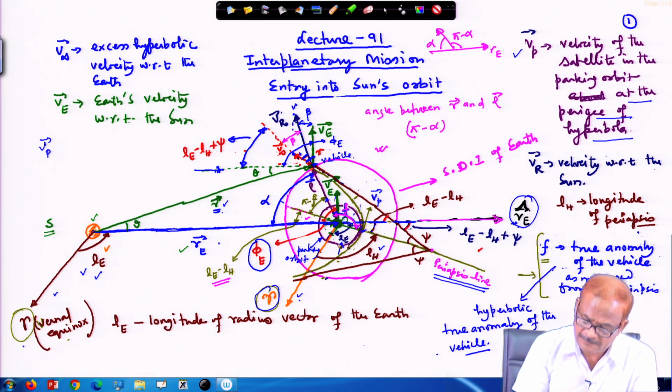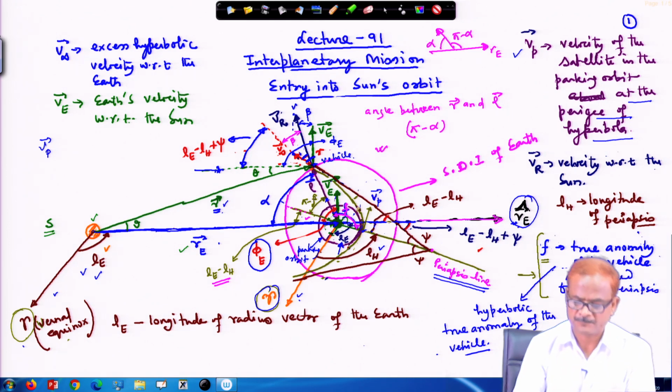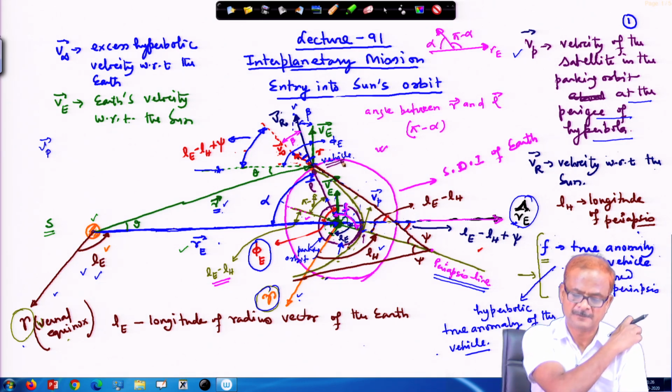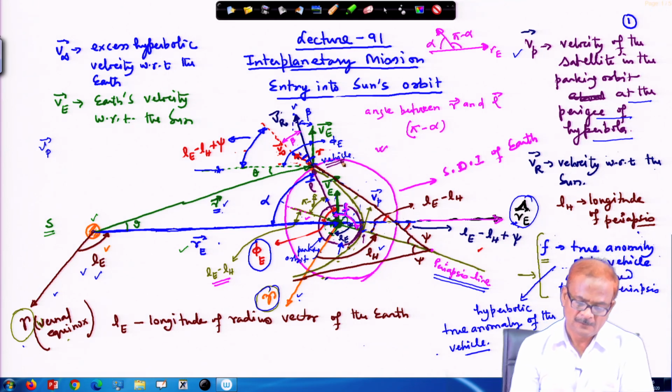So, the impulse is given at this point. That makes the velocity of the satellite V p, and thereafter it goes here and reaches the sphere of influence, where I have shown this as the vehicle.